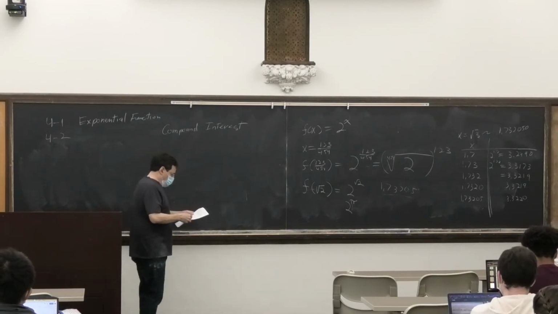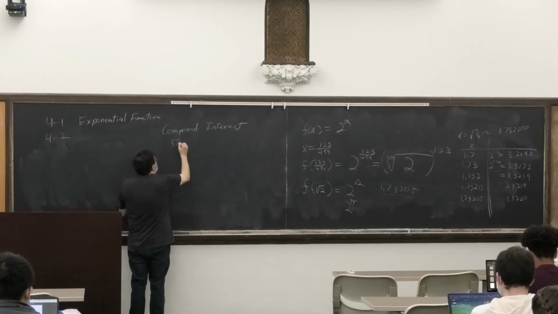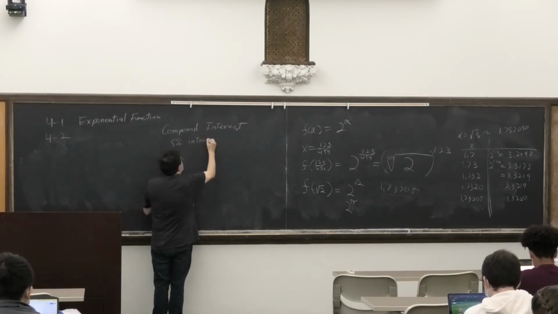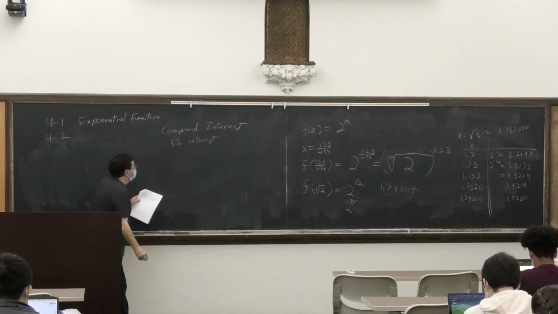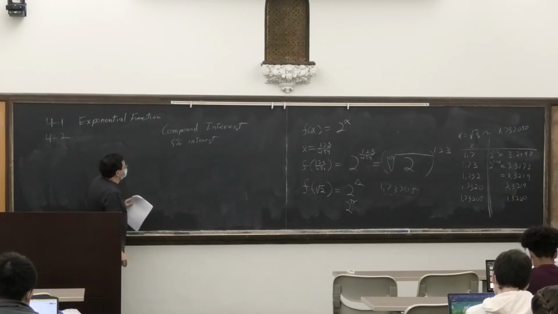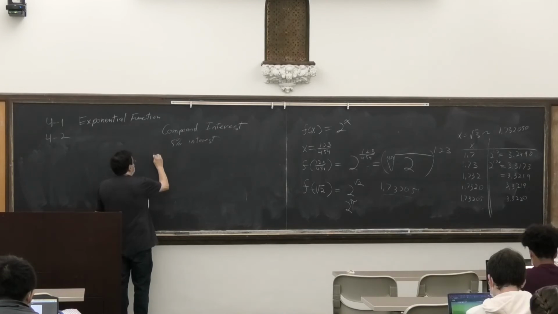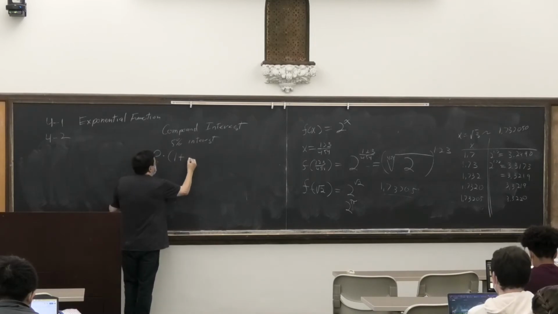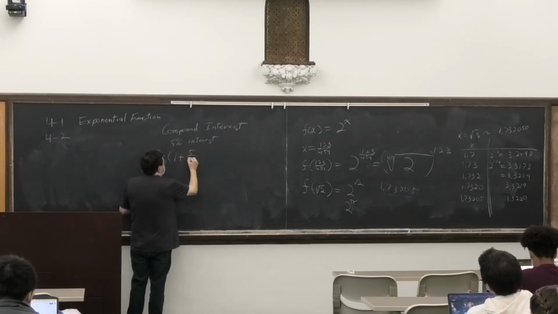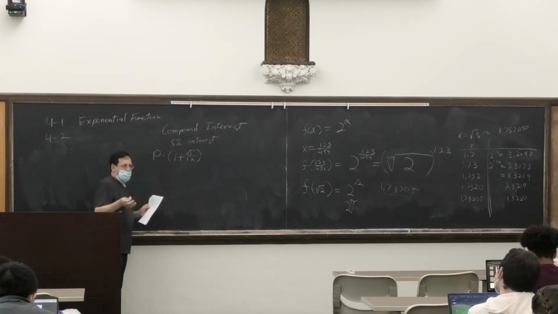So let's say we have an account and it gets 5% interest. That's yearly interest. And let's say they compound it every month. So every month they take what we call your principal, and they multiply it by 1 plus 5%, 0.05 divided by 12, because there are 12 months in a year.